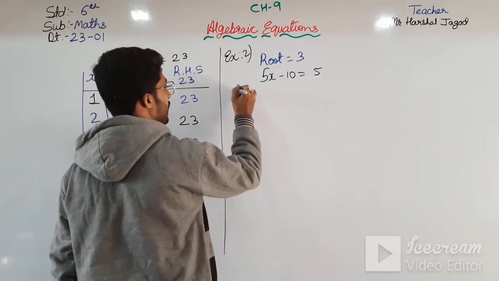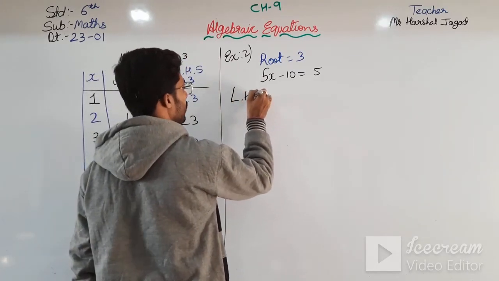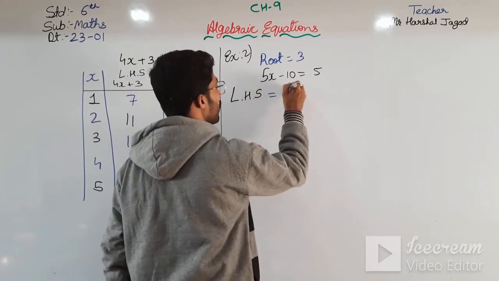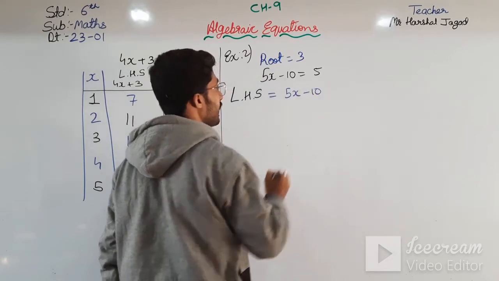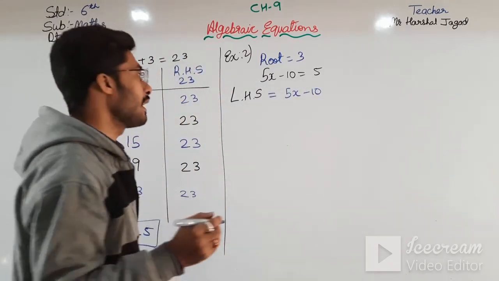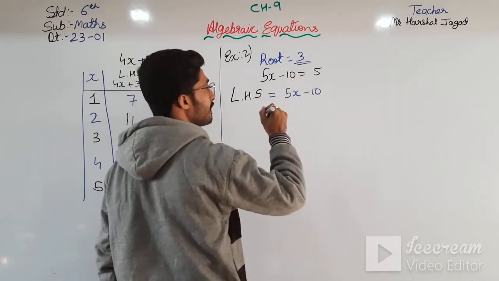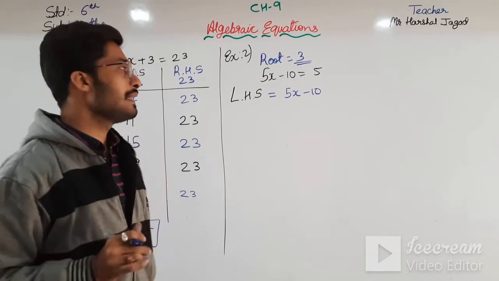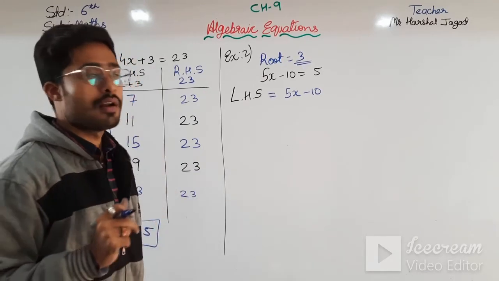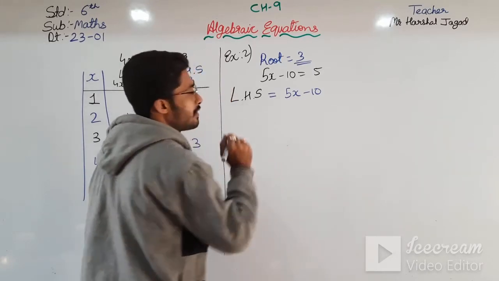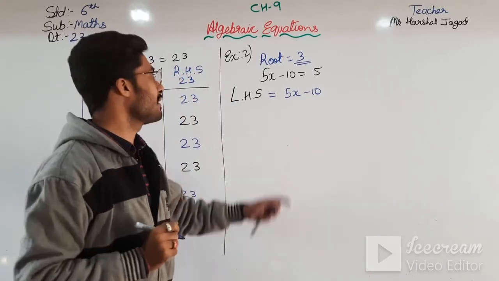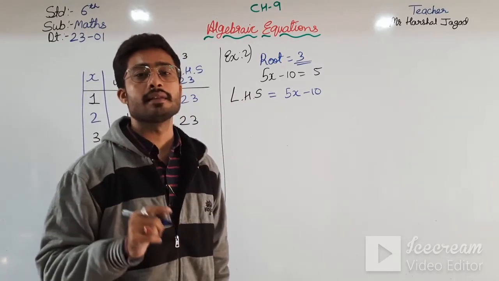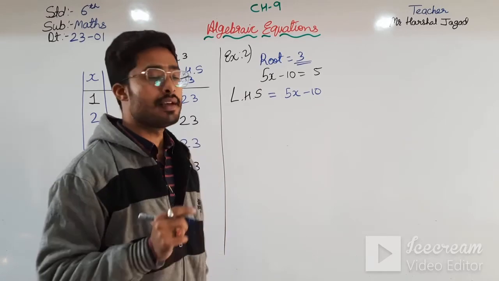The side in which there is x, we take that as LHS. LHS is equal to 5x minus 10. If I put the value of x equal to 3, and if the LHS is equal to RHS, then the root is there, meaning 3 is the root of this equation.